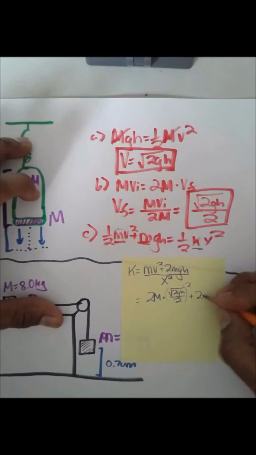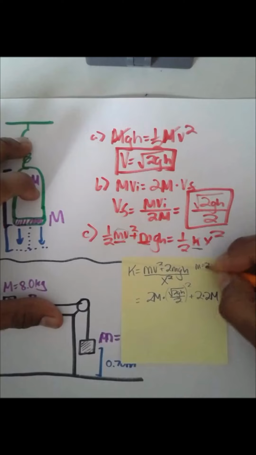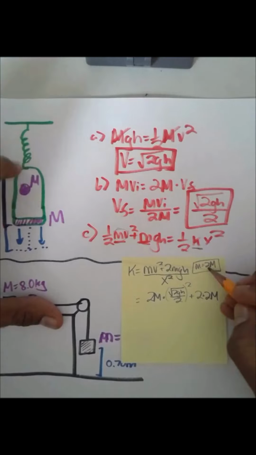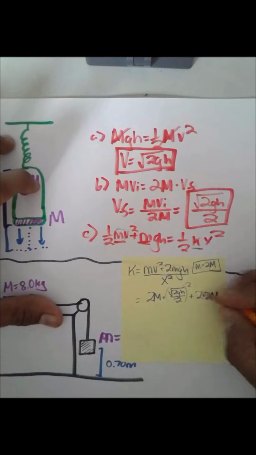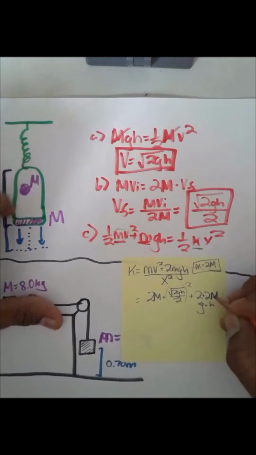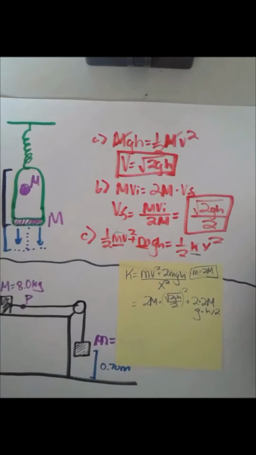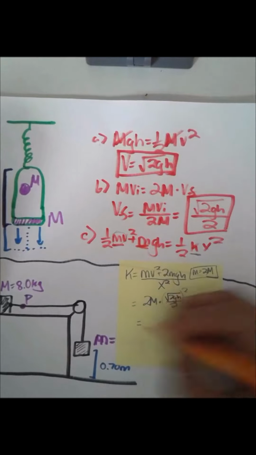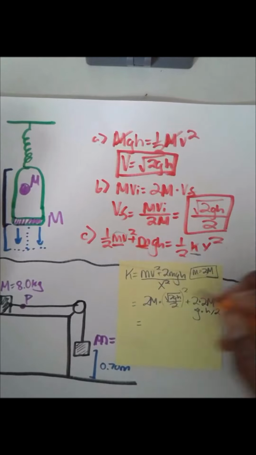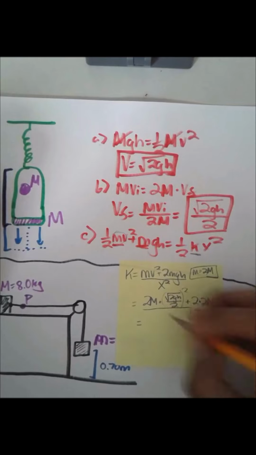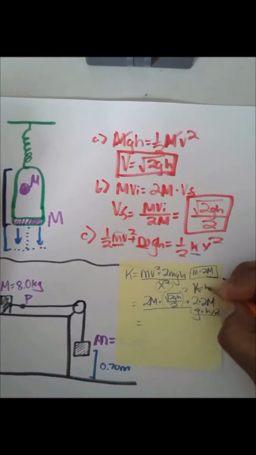Plus 2 times 2m, because all of the m's here are equal to 2m, the mass of both the pan and the clay ball, times g times h over 2. We also know that this is all going to be over x squared, where x is equal to h over 2.